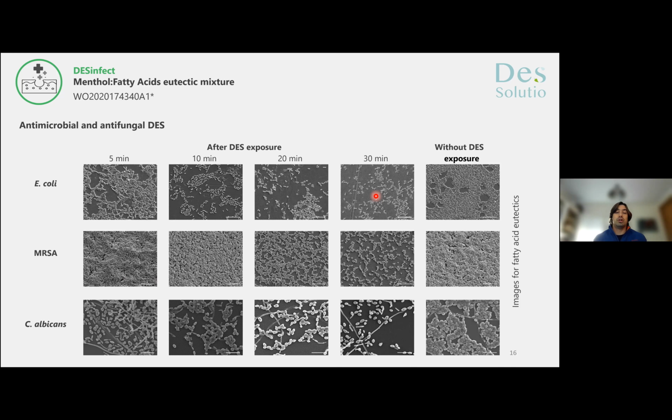So if we have a solution to avoid the attachment of these bacteria, if the biofilm does not form, bacteria do not attach, and the other animals cannot also attach to the ship hull, for example, or even to the medical devices that can be subjected to infection by bacteria. So there's a huge market with a lot of not only potential, but also social importance, that can be explored. And deep eutectic systems here, because once again, they are biocompatible, okay?